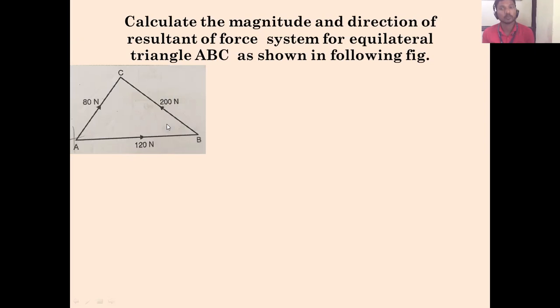Very good. Means though we are not feeling, do you feel this is equilateral triangle? If not, let it be, but it is equilateral triangle as it is told in a problem statement, means we have to assume it as an equilateral triangle. Okay, equilateral triangle ABC, and for that what we are supposed to find?